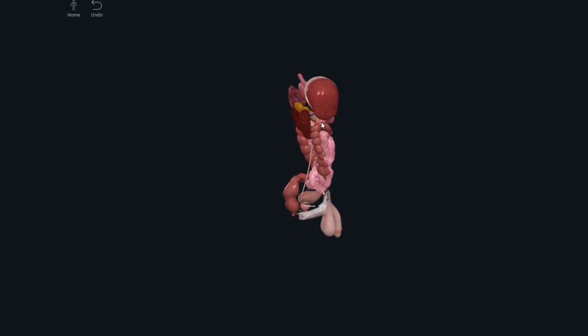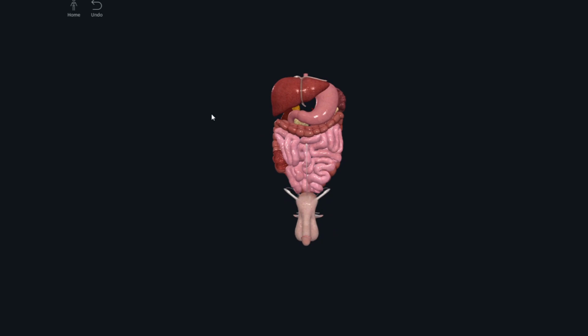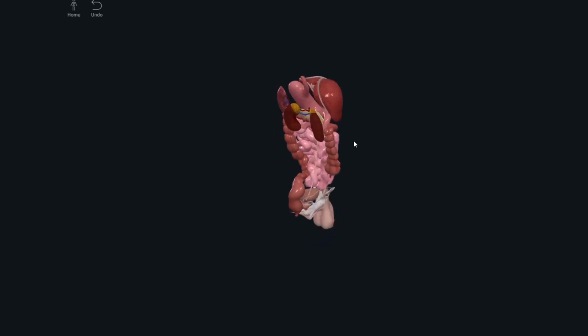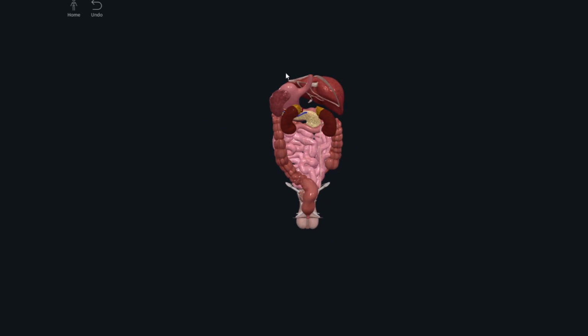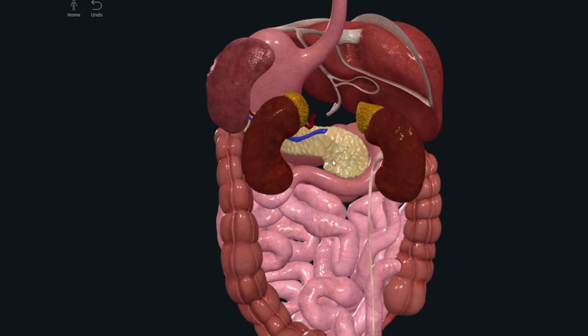So let us look at the relations of the kidney posteriorly, because anteriorly is not really visible. So let us see the left kidney right here and the relations of the left kidney. As I mentioned before, superiorly we have the suprarenal gland, then medially we have the pancreas, and of course the vessels of the spleen. Laterally, superolaterally, we have just a small portion with the spleen, and in between them we have the peritoneum.